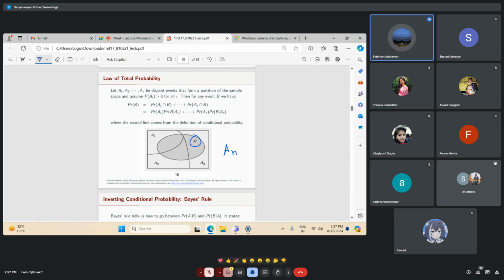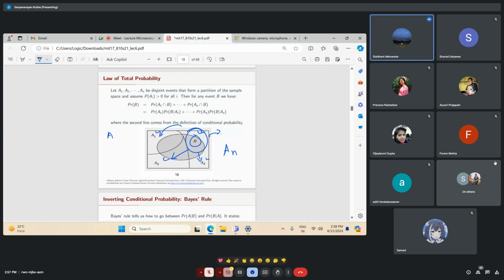Now here events are only 4: 1, 2, 3, 4. 4 events are assumed to take place here. But B has already taken place, that is the assumption. Then whether A1 will take place, what is the probability of A1, of A2, and of A3, if you measure, is conditioned on that.